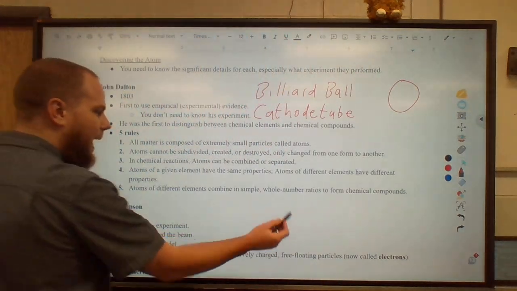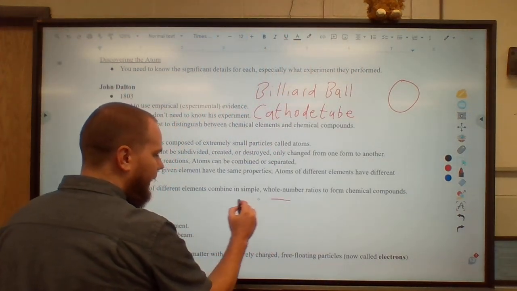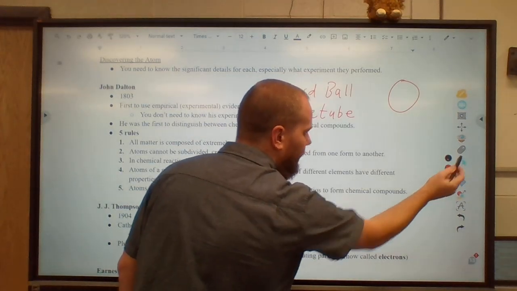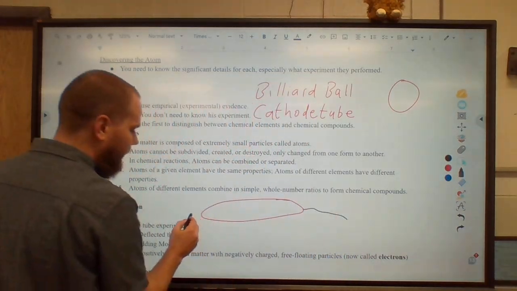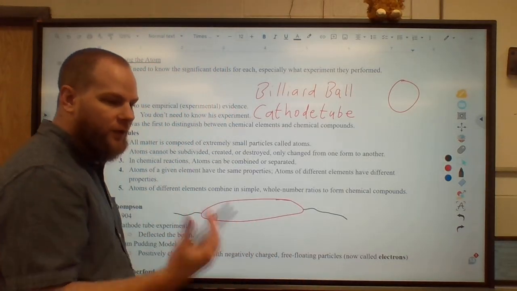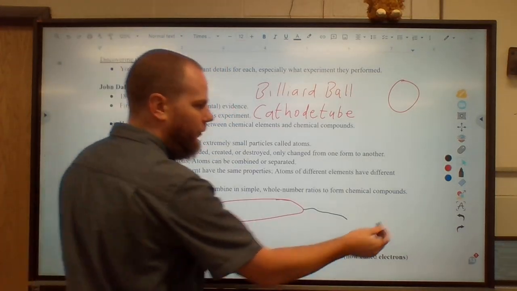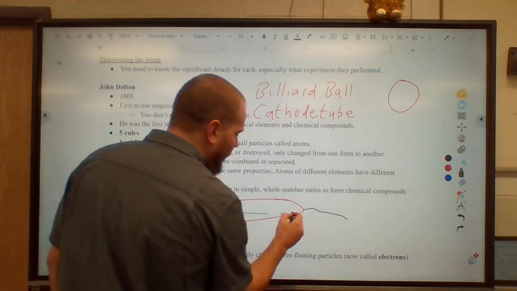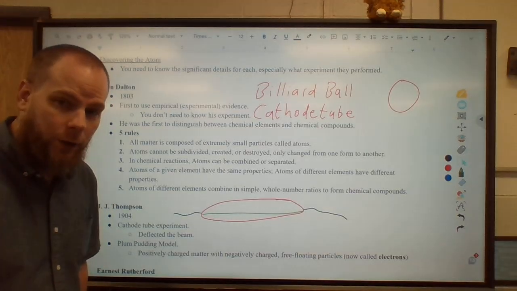Okay, so he had a glass tube, and he had wires running off of the ends. And what he did was, when you hooked this up to a power source, a line of light would run from one end of the tube to the other.